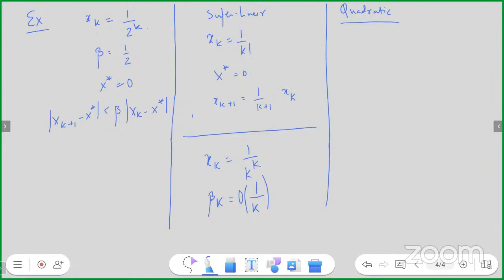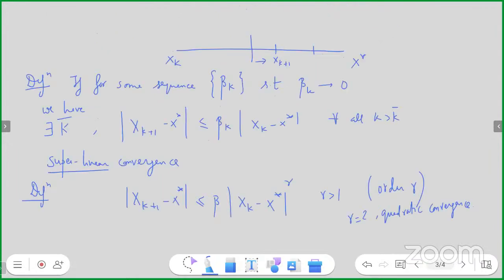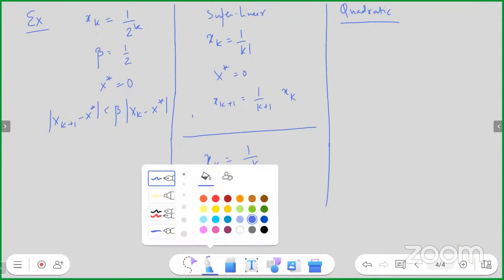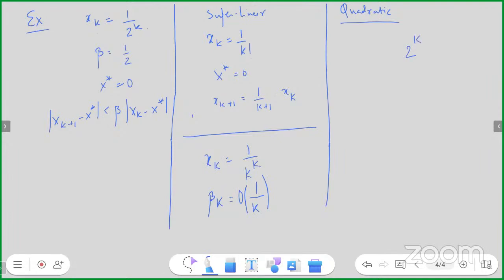So something like, let's make it 2 power. Can you use this to produce a sequence? Something to the power 2 power k.